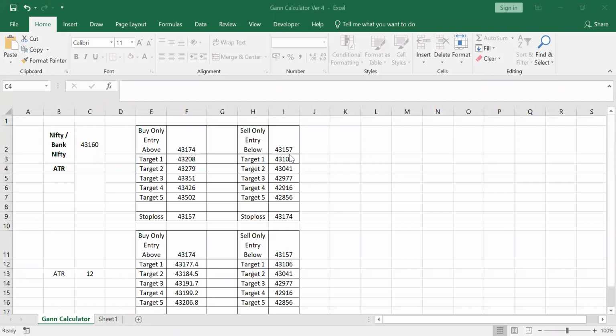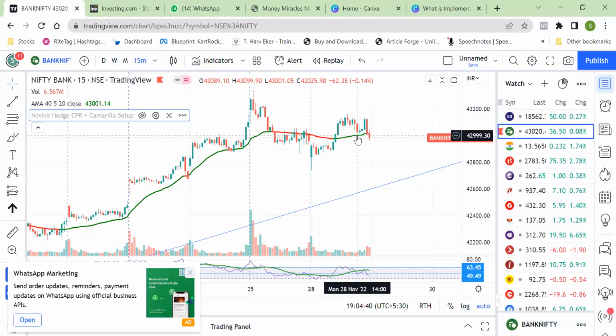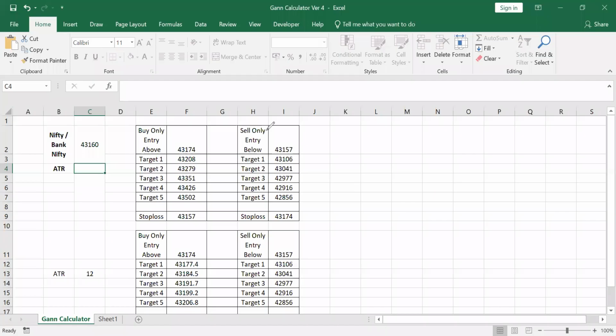And if the trailing stop losses hit, you have to be very fast here. So here, if you had considered the trailing stop losses, it would have hit, but it has given all the three targets. Look at this. It went here, it came up to 43,001, and then again it went up to 43,125, and then again it has gone and done this. So from here it went to this, then till this, then till this.